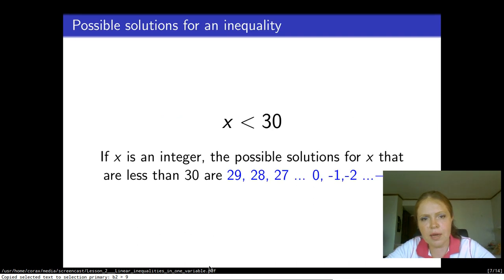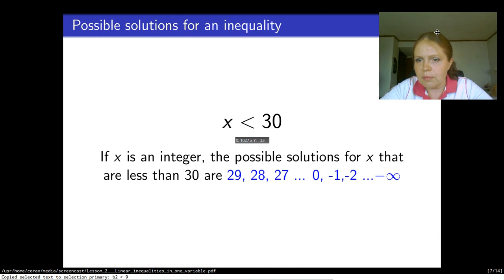Let's see some examples. So, possible solutions for an inequality. For example, a very simple inequality, x is less than 30. Let's talk about integers, whole numbers.